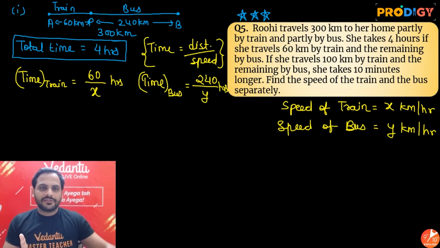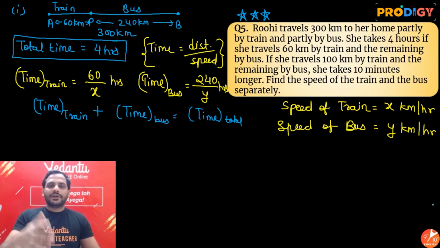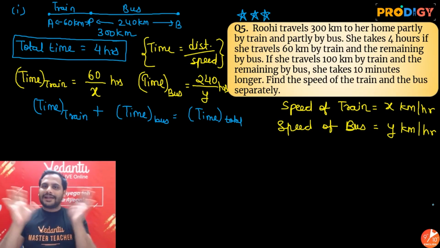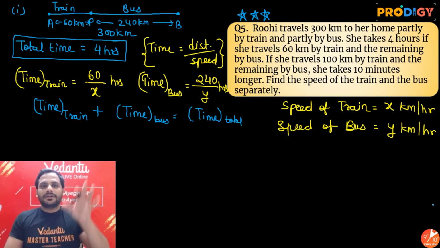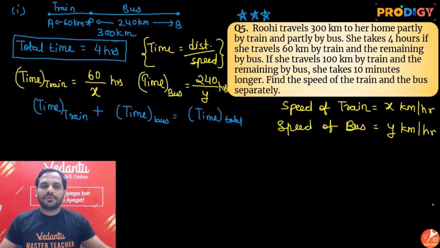Now guys, understand, I know the total time is 4 hours. So I can say that the time taken in the train plus the time taken in the bus will be equal to the total time, yes or no? In this 4 hours, I don't know how much time is taken in the train, I don't know how much time is taken in the bus, but I know at the end the total time taken in the train plus the total time taken in the bus will be equal to the total time.